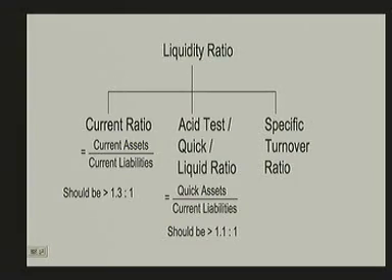Now, if you try to recollect, in current assets we had many components. There was cash component, there was bank balance, there was inventories. Now, when we calculate the acid test or quick ratio from the current asset component, we exclude inventories, because inventories will take time to convert to cash form.